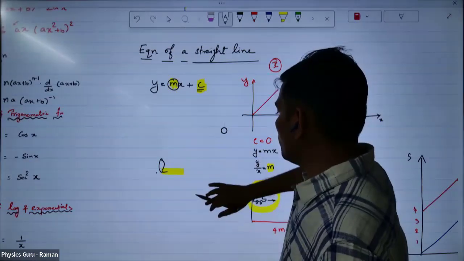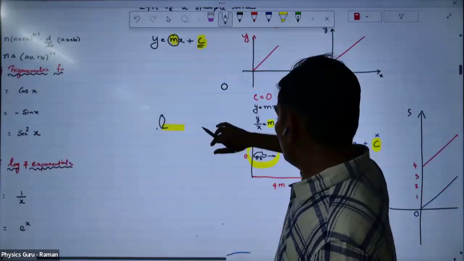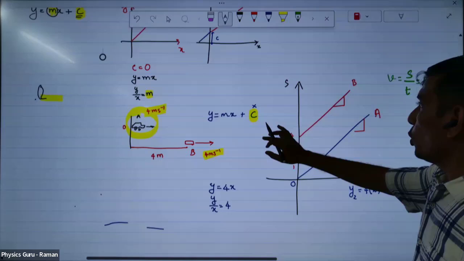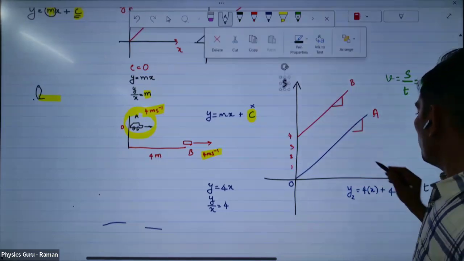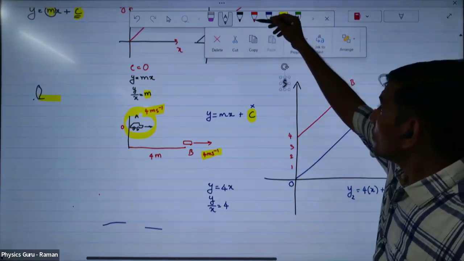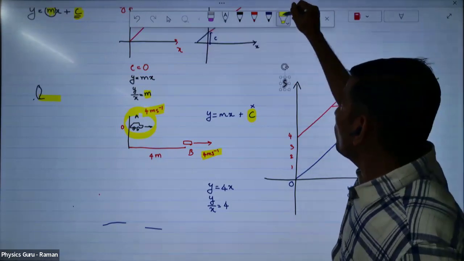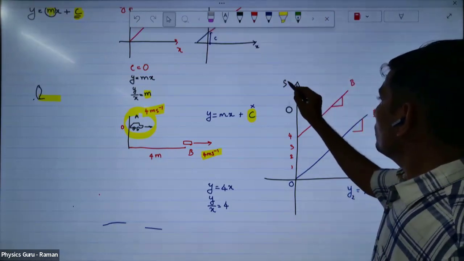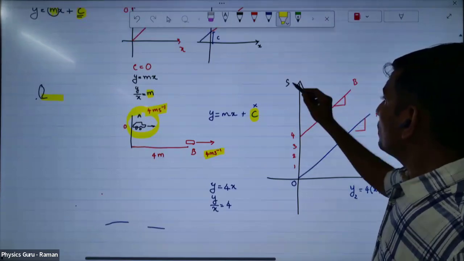Yes, sir. So in this numerical problem, what is the slope of a displacement time graph? Displacement. Velocity. Very good.